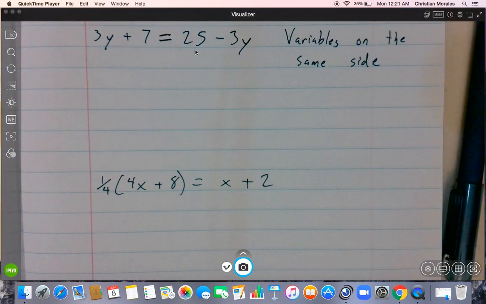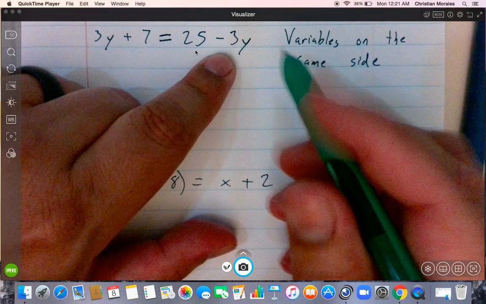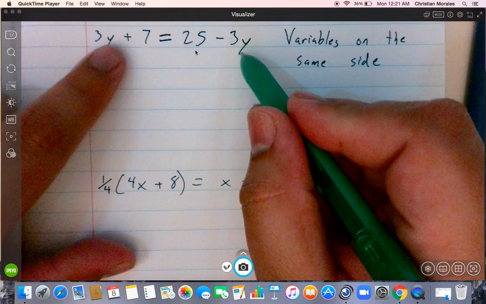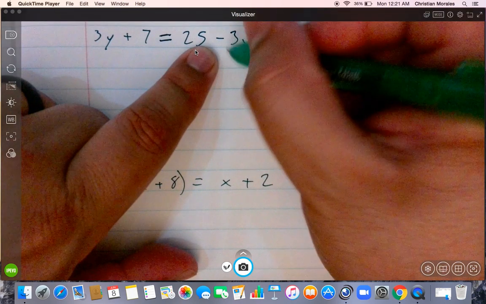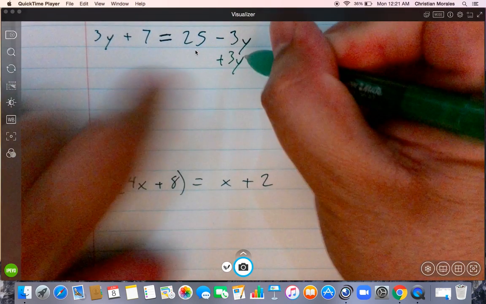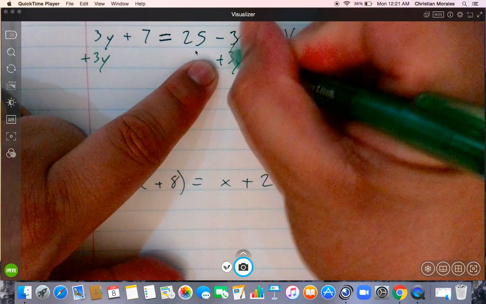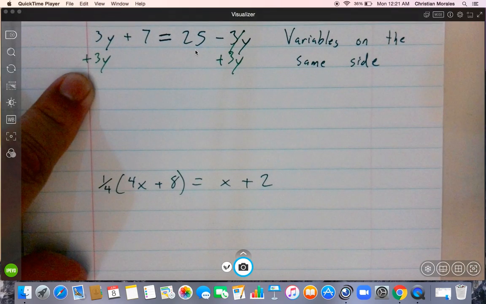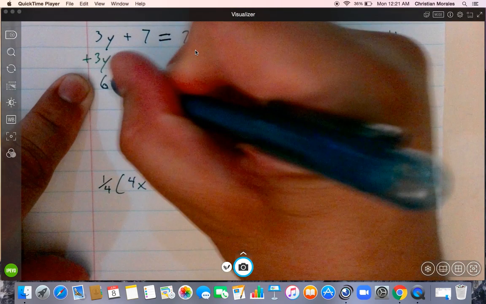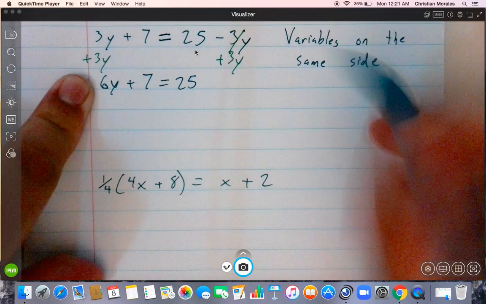You have to move it with inverse operations. So if you want to get rid of this minus 3y and put it over here, you got to use inverse operations. The opposite of minus 3y is adding 3y to both sides. The y here will cancel out, but now over here you have 6y plus 7 equals 25.